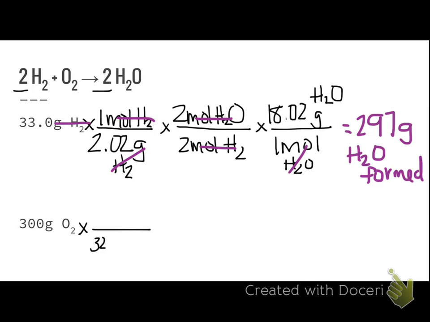So 32 grams of O2 is 1 mole. Now we're going oxygen to water, so we have a 1 to 2 relationship.